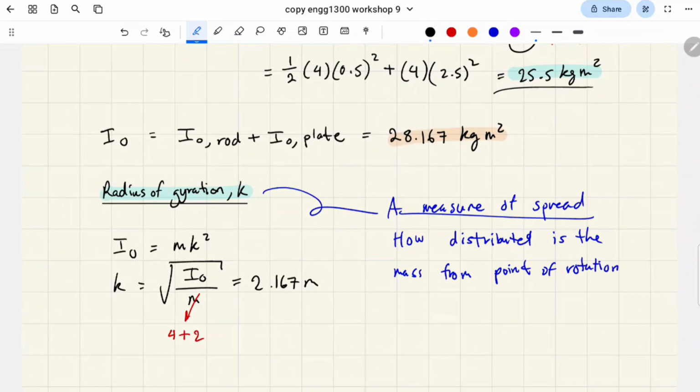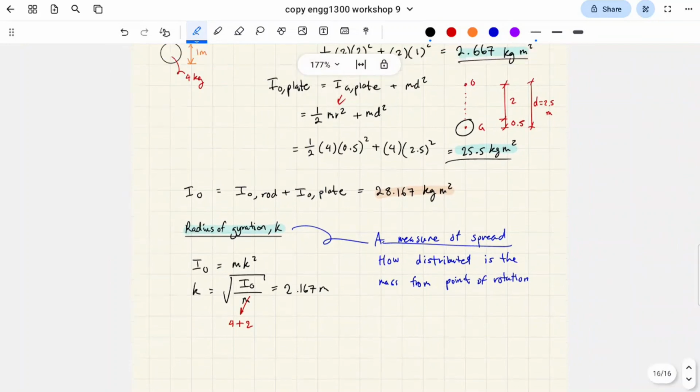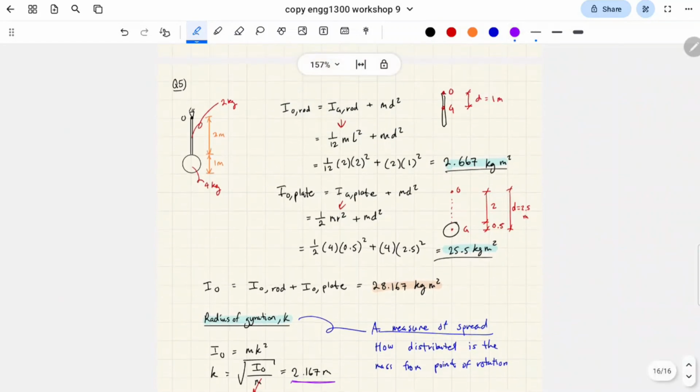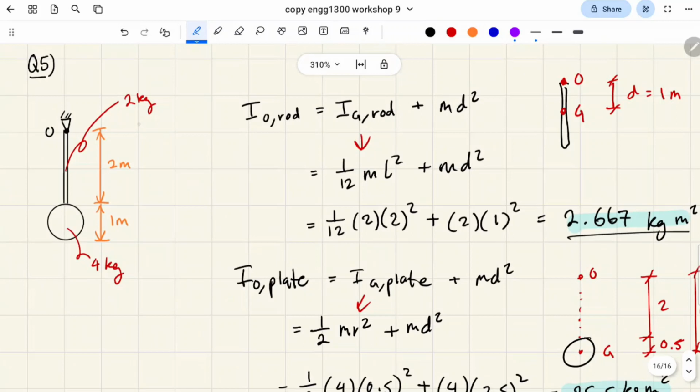It's a measure of the spread of the mass relative to our point of rotation. Given the name, you can think of it like a radius. So our number that we got was 2.167. So if I overlay it, it's up there.